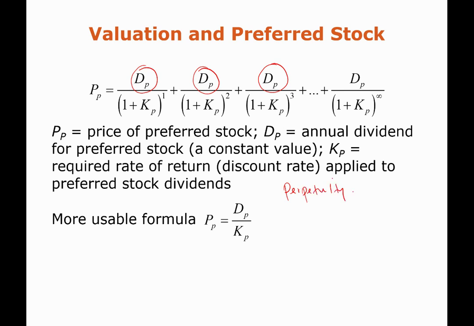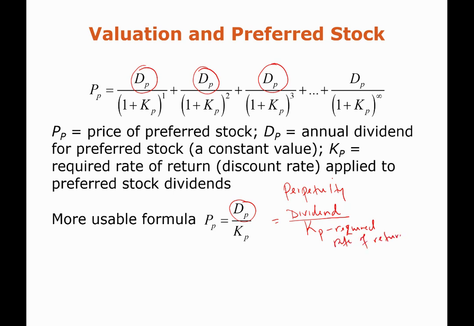Now remember, the dividend is the same. To determine the value of the preferred stock, we simply take the dividend paid and divide it by the required rate of return on the preferred stock.